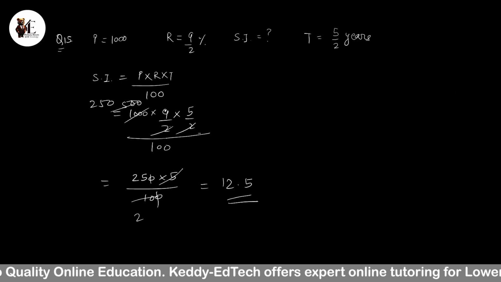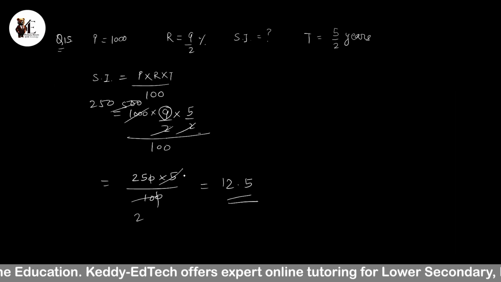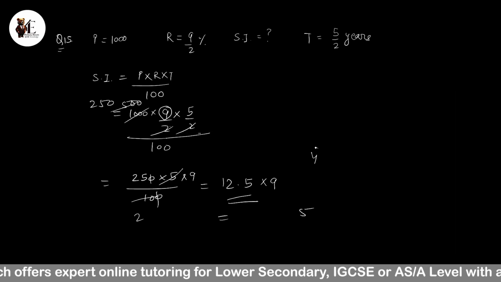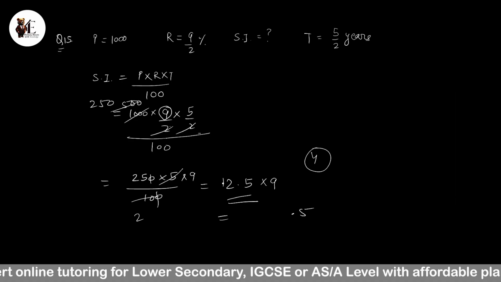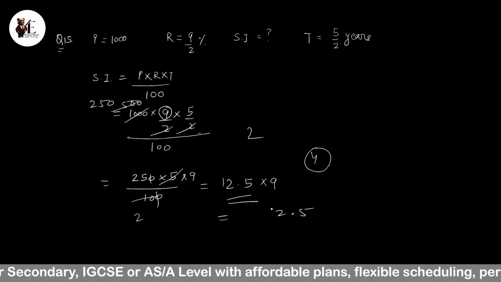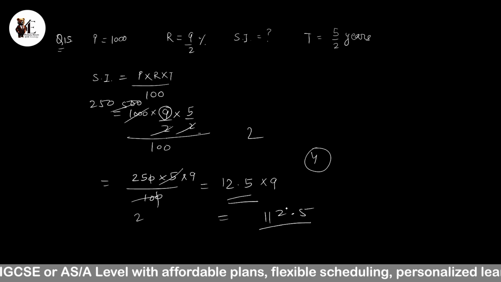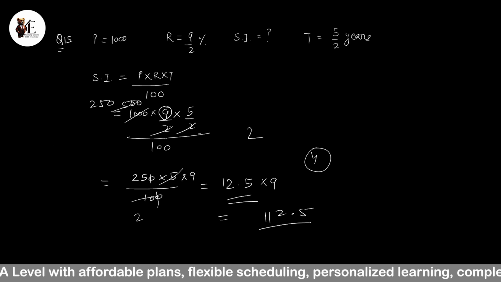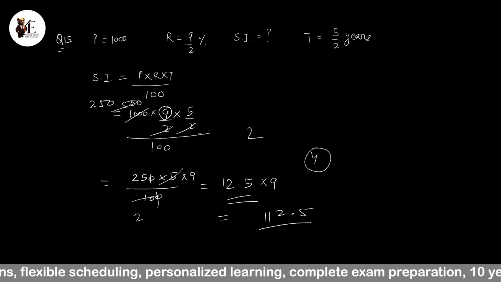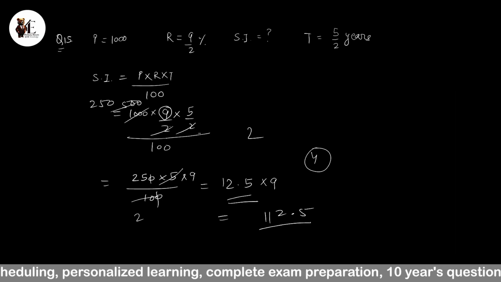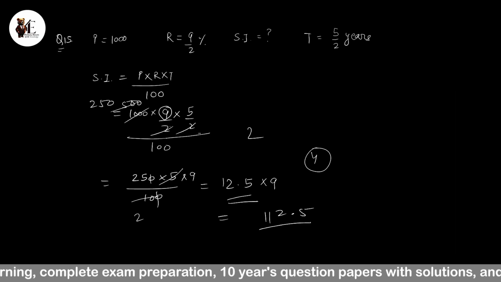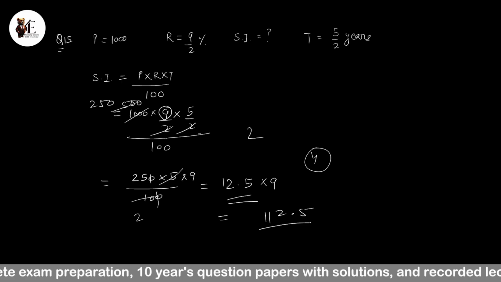Okay, I haven't taken 9 into 9, so 12.5 into 9, so that will be 9 into 2, 18, carry 2, 9 into 1, 9, and 2, 11. It will be 112.5. No, I still am wrong. I'm still wrong.